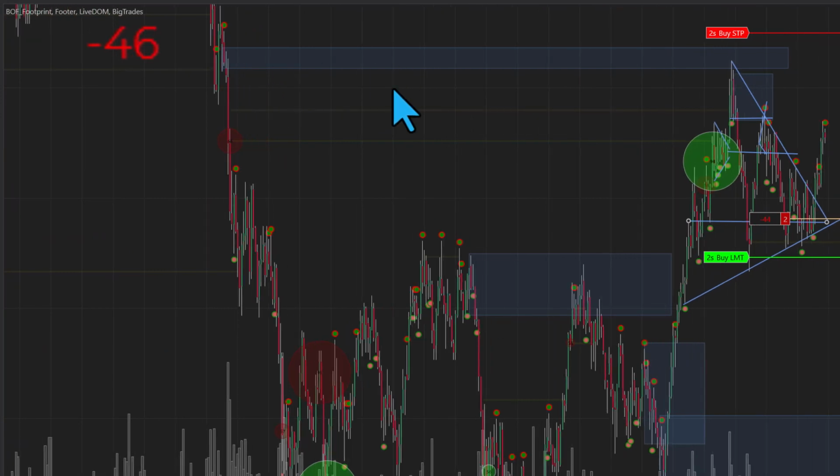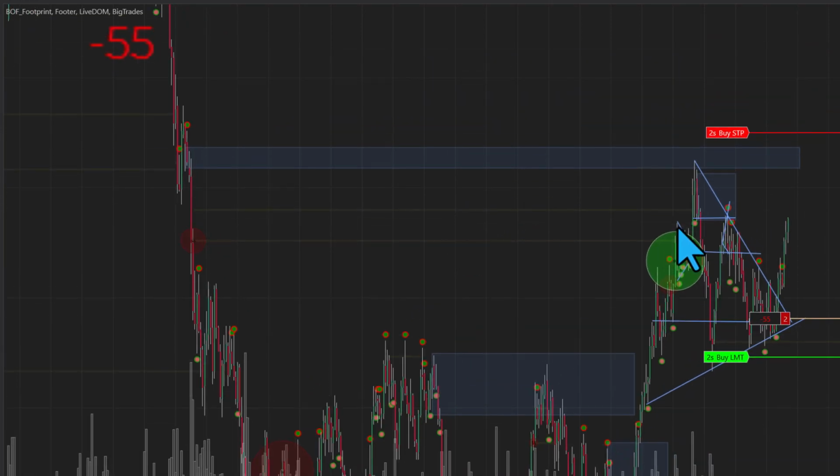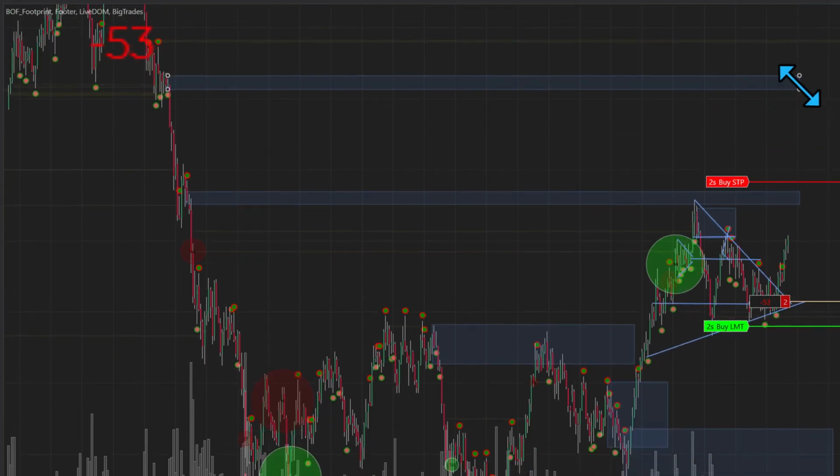Because you see this block, I put it beforehand, and we hit exactly that block area. Now you can say, okay, we just accumulated some energy to go even higher. Yeah, we can. This is another target. I can take that and put my stop loss over here.